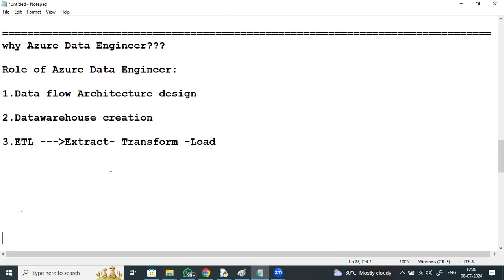They need to extract the data from multiple data sources, transform it into a structured format that is queryable, and load this data into the company's storage services for further business evaluations by the data scientists. These three main tasks. Apart from that, there are many other roles.